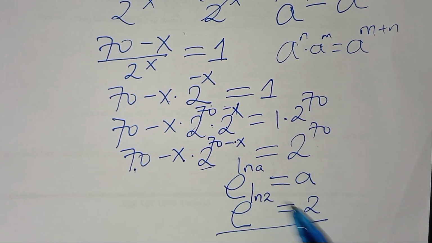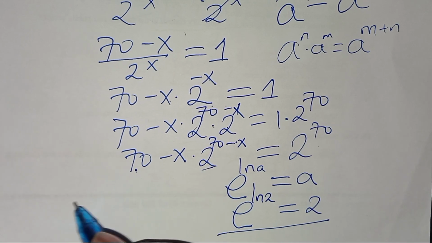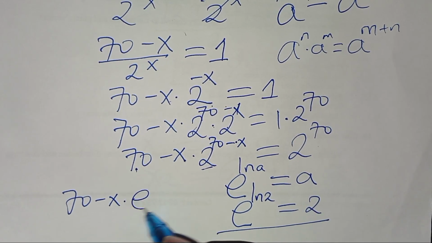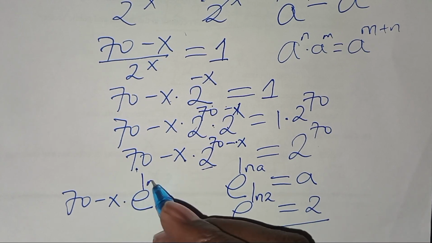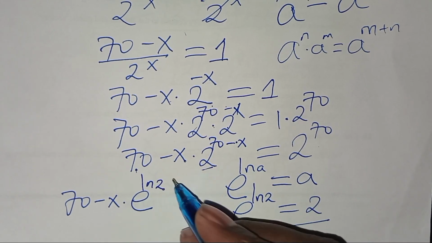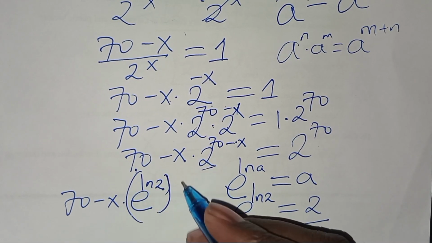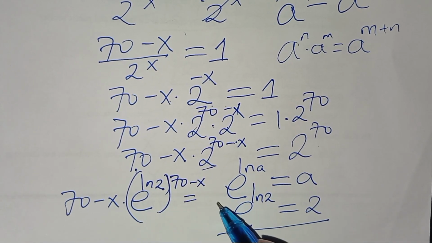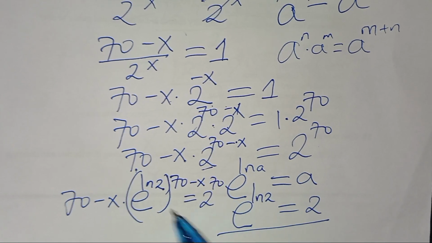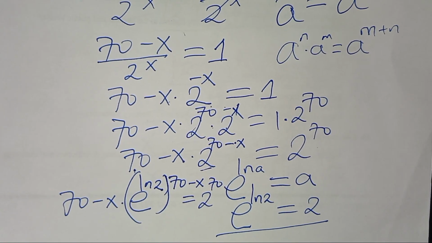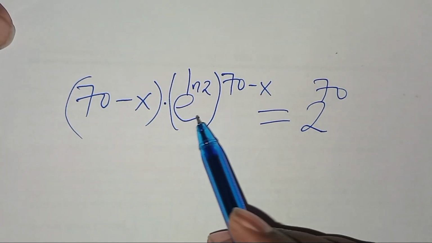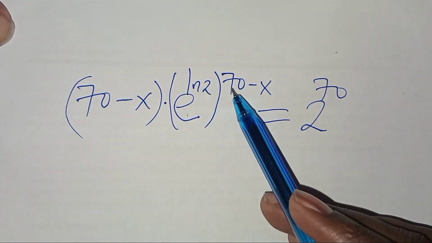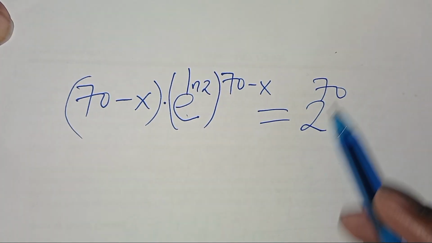Applying this property, we'll have 70 subtract x multiplied by e to the power of natural log of 2, raised to the power 70 subtract x, and this is equal to 2 to the power 70. So we have 70 subtract x multiplying by e to the power of natural log 2 times 70 minus x, equal to 2 to the power 70.